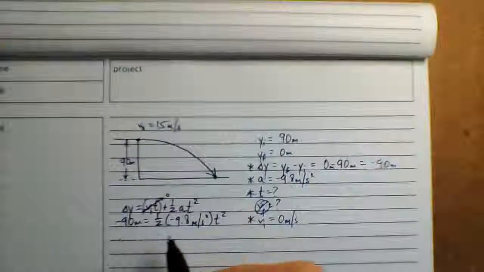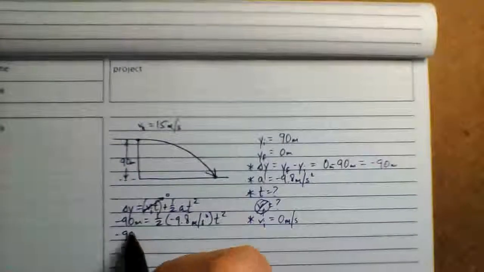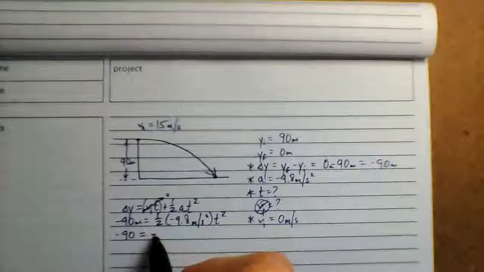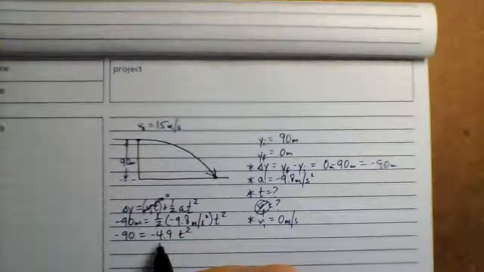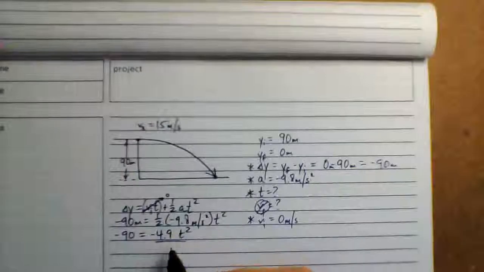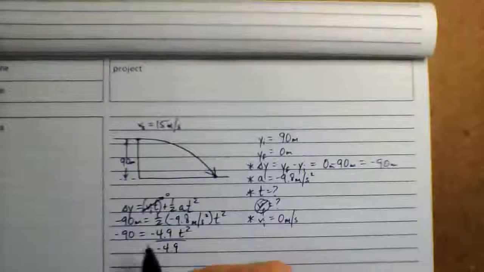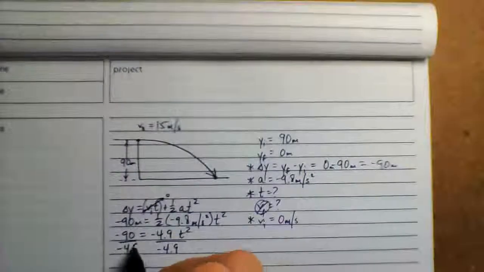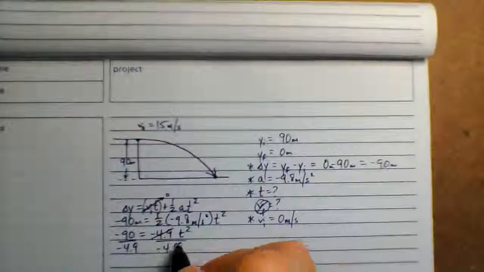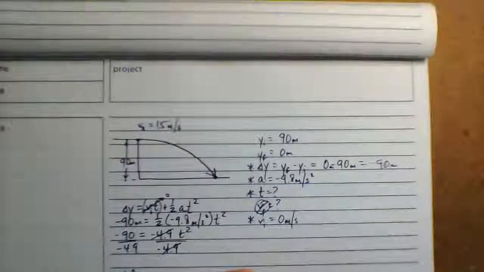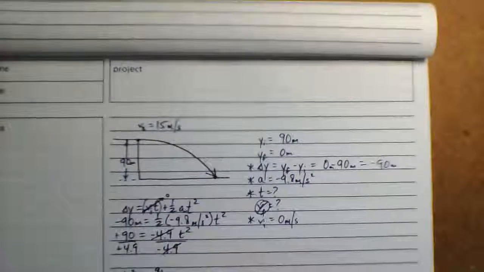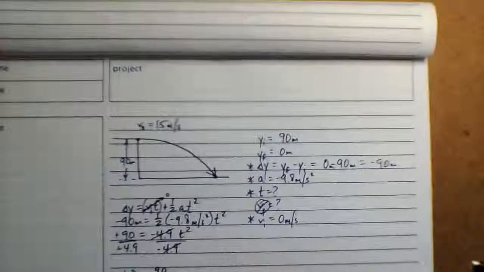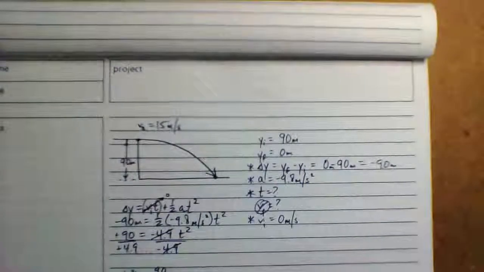All right, so I'm going to go ahead and write negative 90 equals negative 4.9 t squared. If I want t on its own, I'm going to say divided by negative 4.9, divided by negative 4.9. Okay, that cancels out over here, and I'm going to get t squared is equal to 90 over 4.9, which is going to be approximately 18.